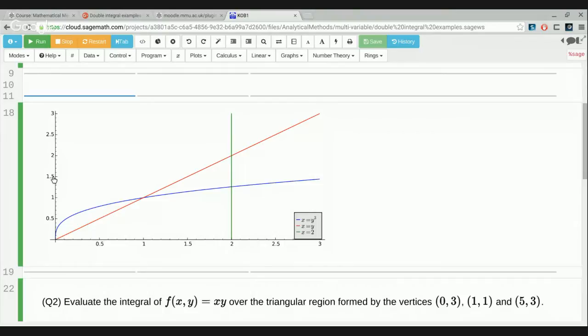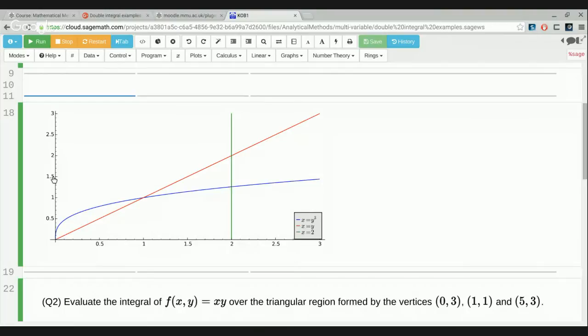And it's only when you get up to this point, the other vertex of the triangular region, that things change. What's the height at this point? Well, that's the intersection between x equals 2 and x equals y cubed. So this is the cube root of 2, which is 2 to the power of one third. The cube root of 2 is a little bit above 1.